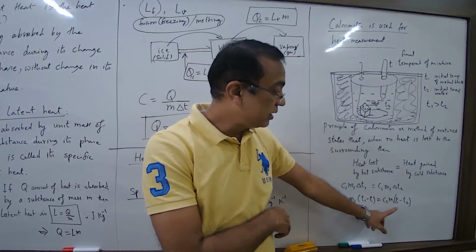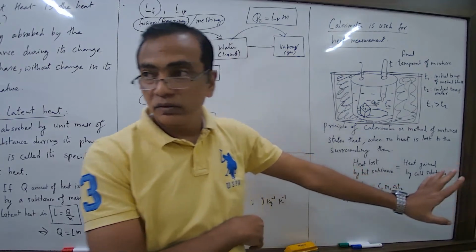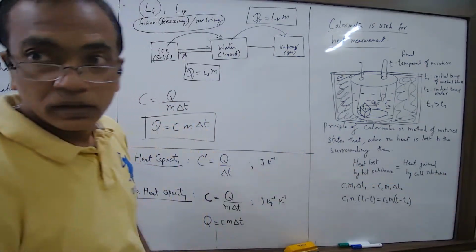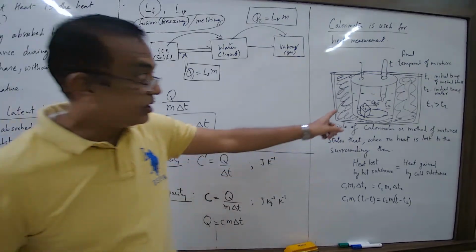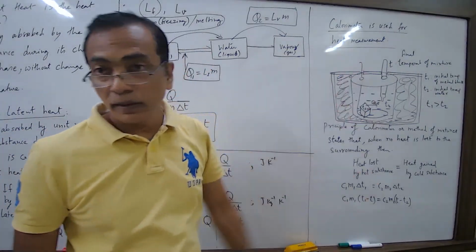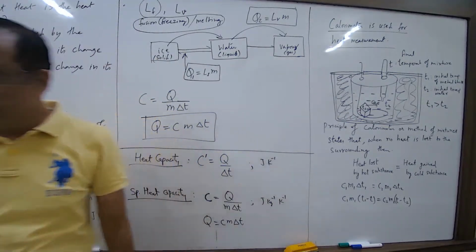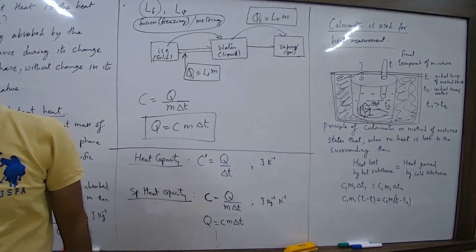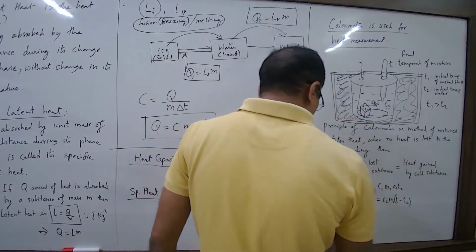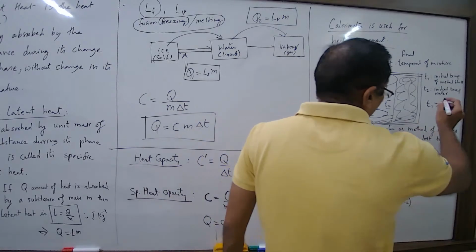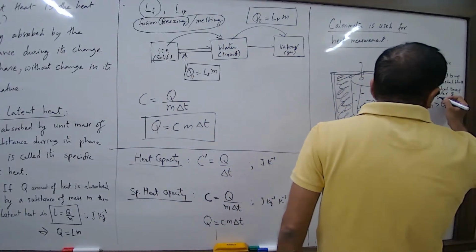So it will be C3, M3, T minus T2, right? What is the initial temperature of the copper vessel? Same as water. Water was filled in the copper vessel. Okay? So now, if... and copper vessel.